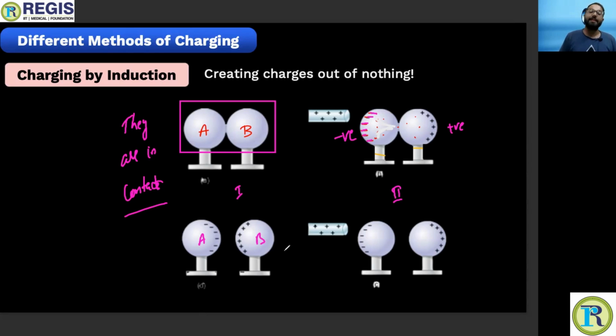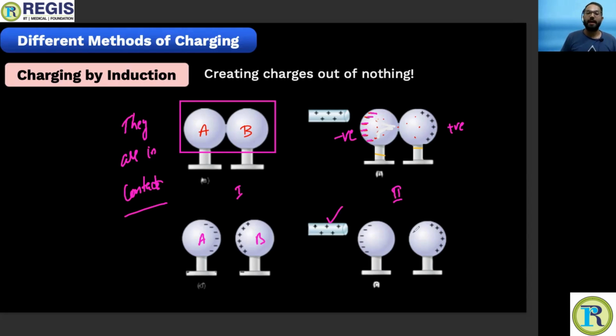In case we place this positively charged rod again, all the electrons will be attracted towards it. By using this, we have created positive and negative charge.